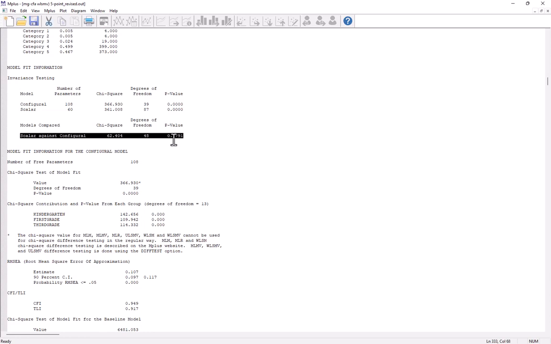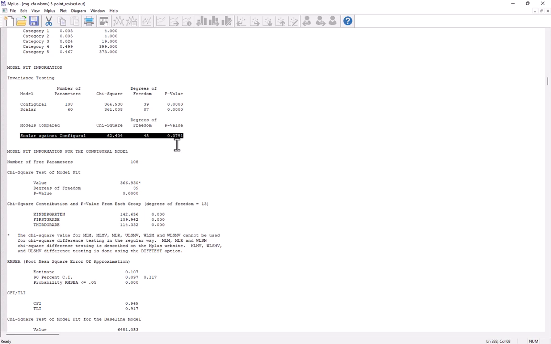And you can see the p-value is 0.079, which is not statistically significant. Therefore, the scalar invariance model fits as well as the configural invariance model, which leads us to conclude that thresholds and factor loadings are equal across groups.